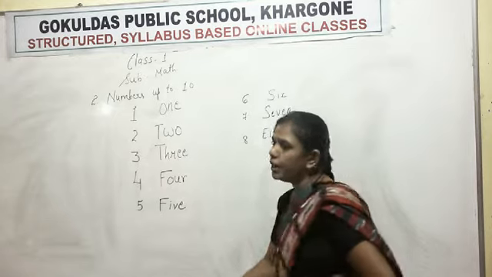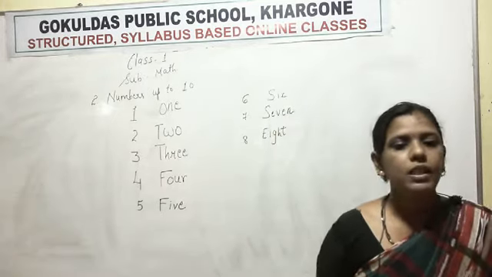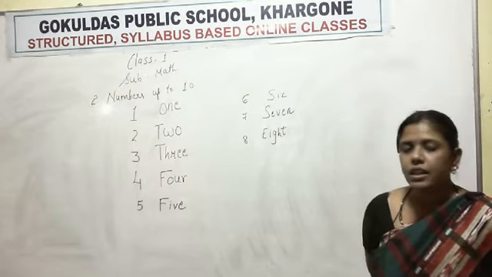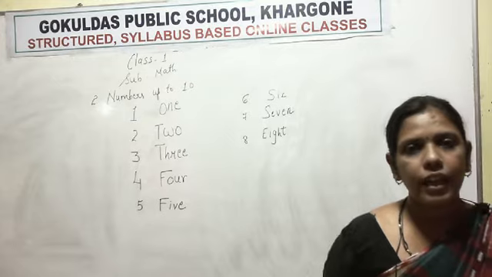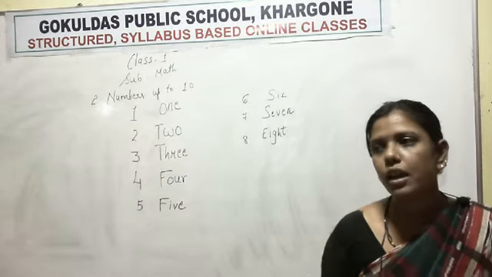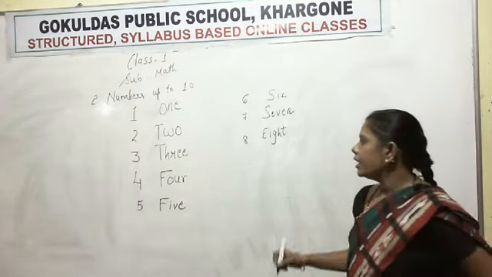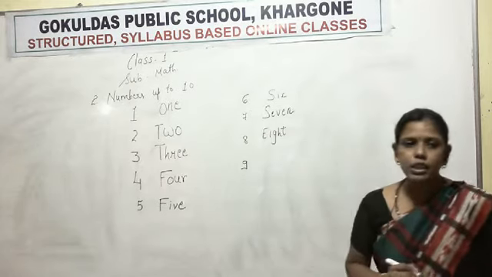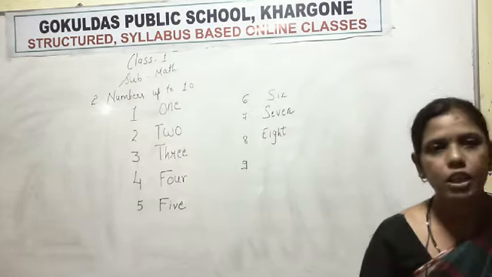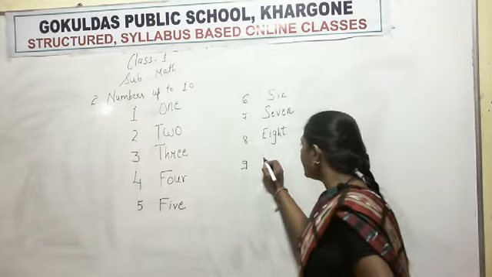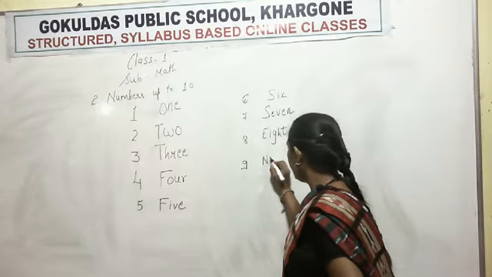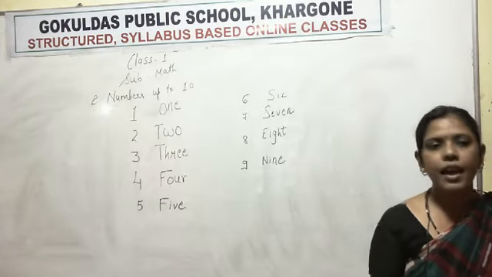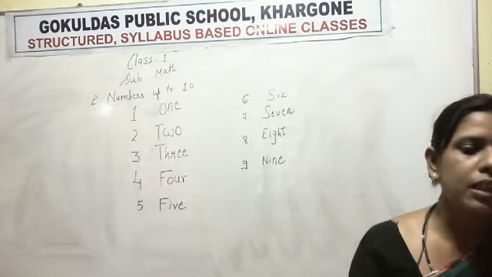What is the spelling of 8? E-I-G-H-T, 8. Repeat. E-I-G-H-T, 8. What is the next number? The number after 8 is 9. What is the spelling of 9? N-I-N-E, 9.